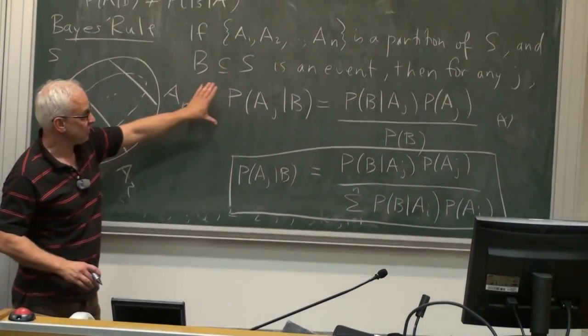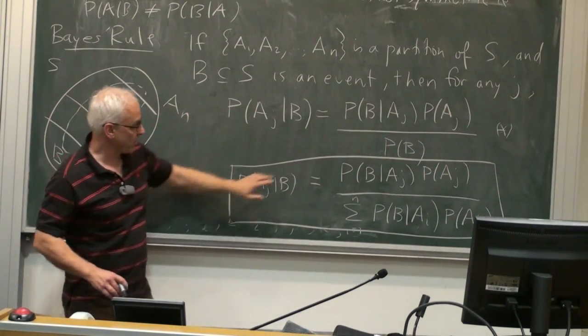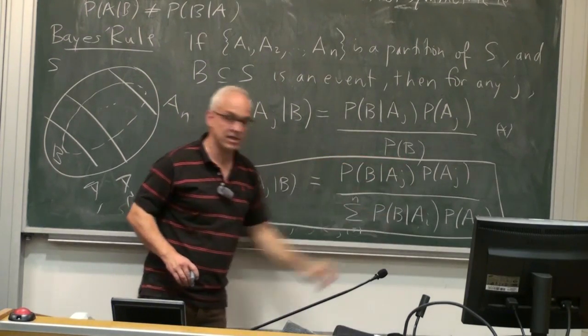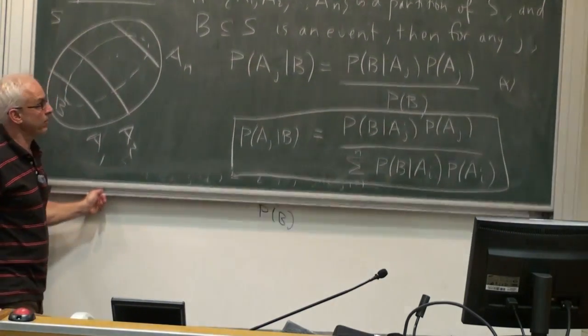So that's the justification for this. And then to go from here to here, we're just replacing the probability of B with this expression in the total probability rule.